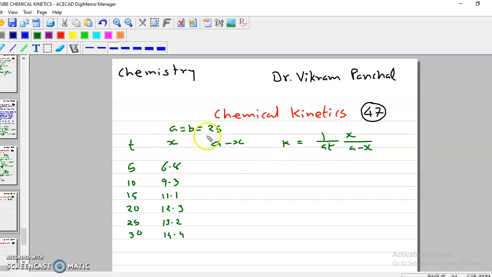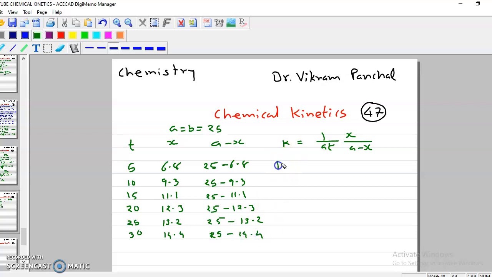So find out a minus x for each one, like here 25 minus 6.8, in this case 25 minus 9.3, 25 minus 11.1, 25 minus 12.3, 25 minus 13.2, and here 25 minus 14.4.